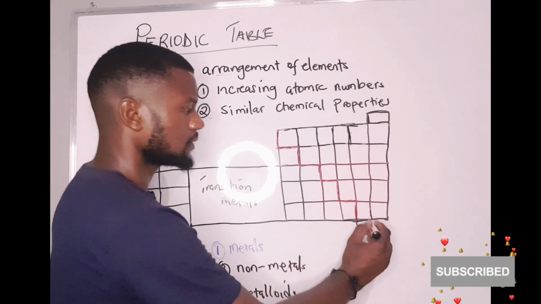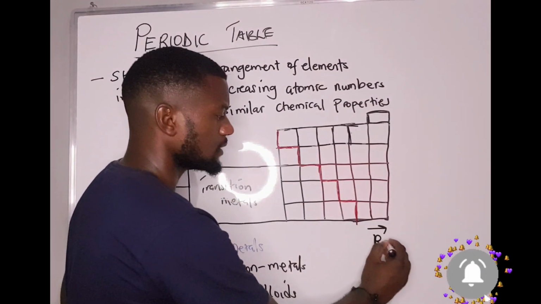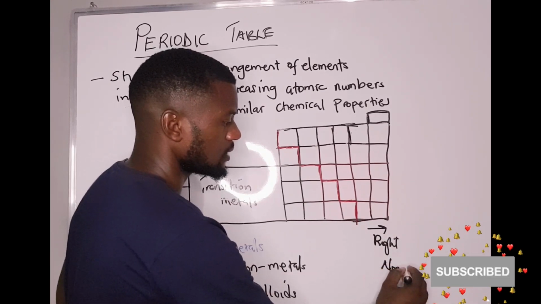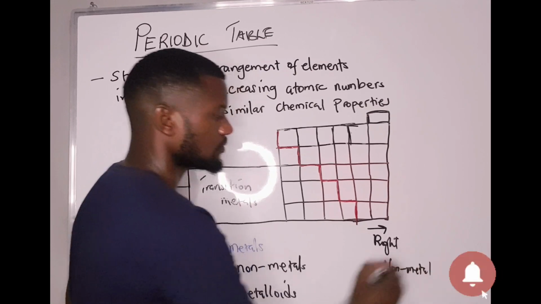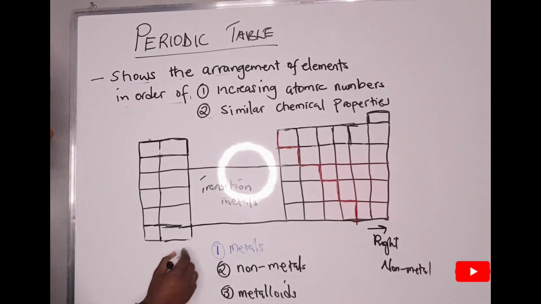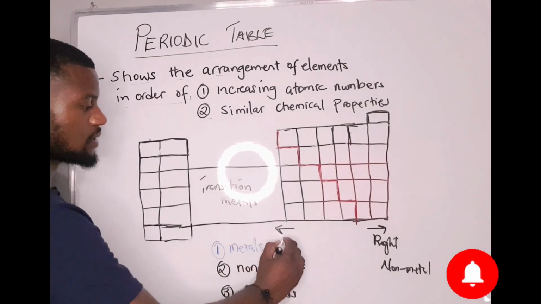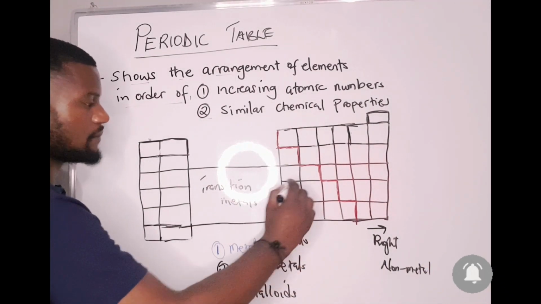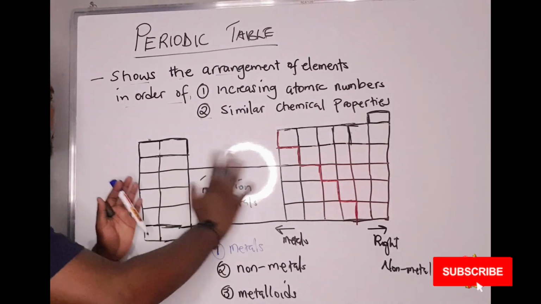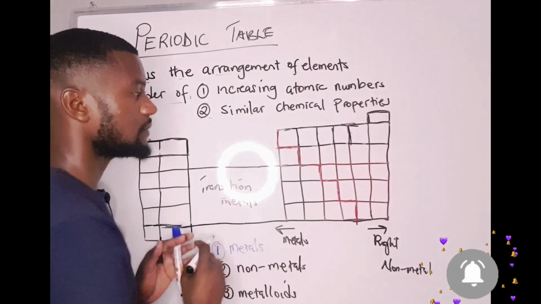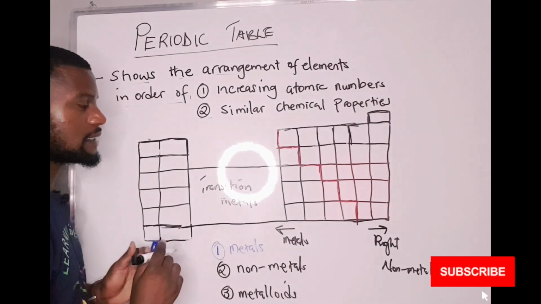On the right side of the periodic table, these are said to be non-metals. Then we have this left side of the periodic table, these are what we are calling the metals. So these elements fall under metals, or they are metals. Then these other elements, on the other side, are non-metals.